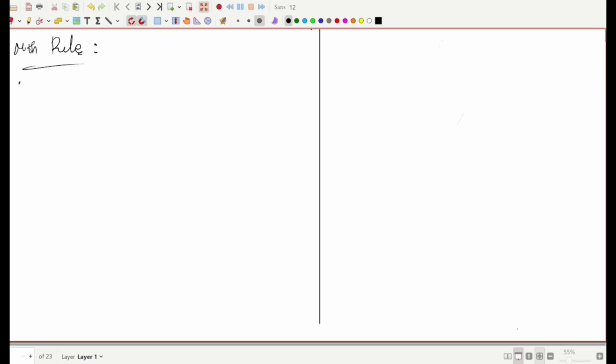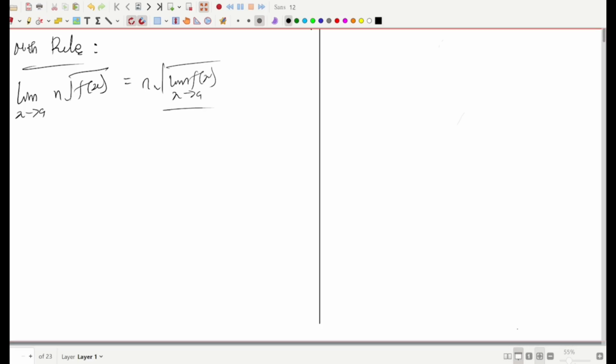If you have the limit as x approaches some constant a of the nth root of some function f of x, this limit can be written as the nth root of the limit of f of x as x approaches a. That is the nth root rule.